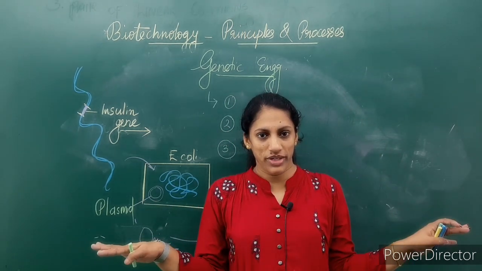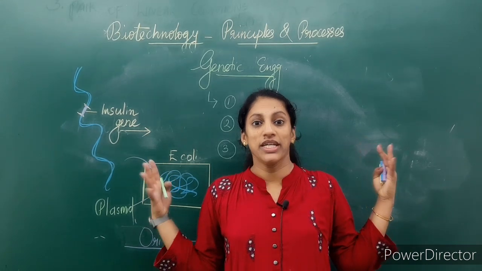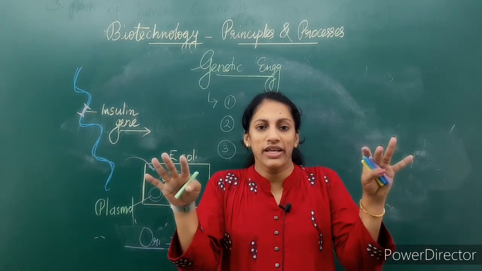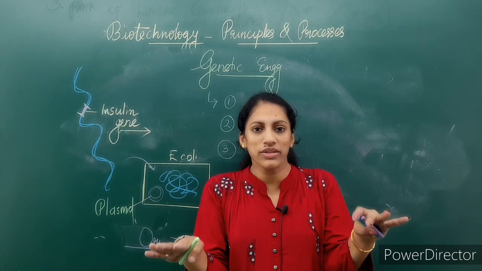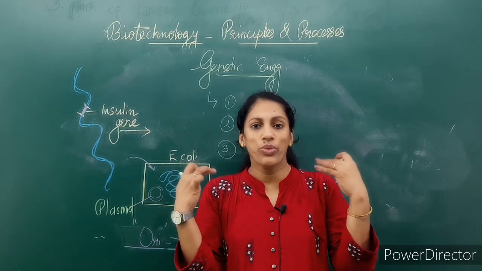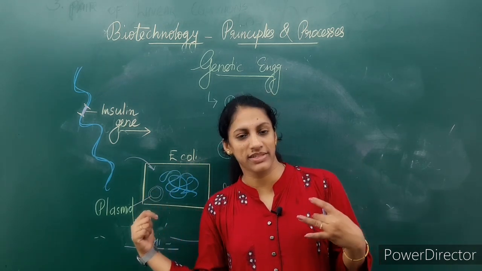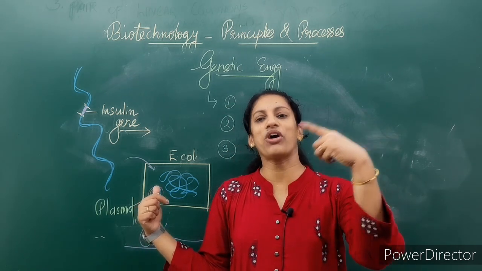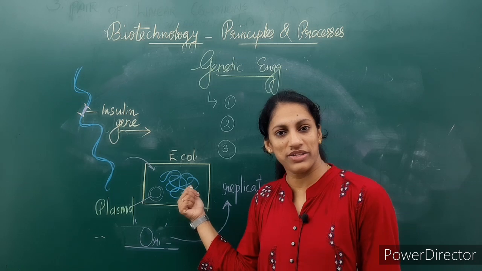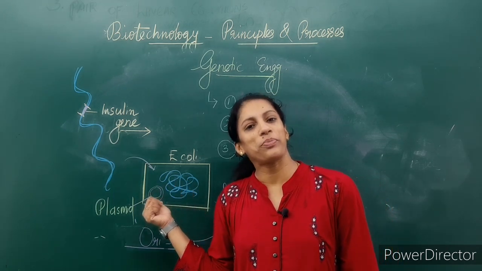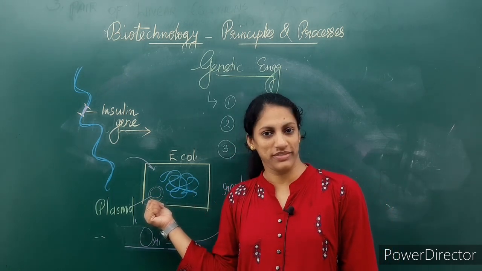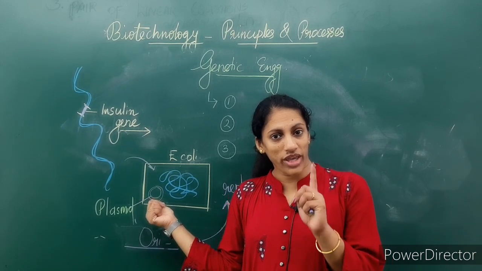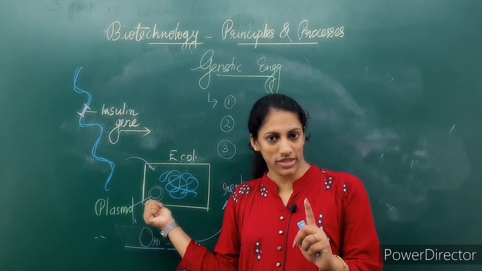Now listen carefully here. If a scientist wants to multiply our gene in a bacterial cell, it is not compulsory that it should be incorporated into its normal genome. It can be incorporated into its plasmid. So hereafter we are discussing that side.